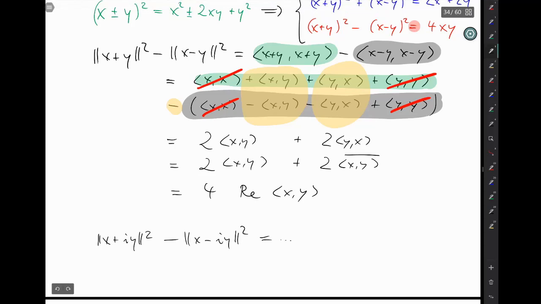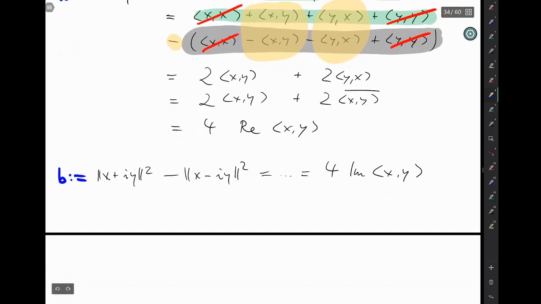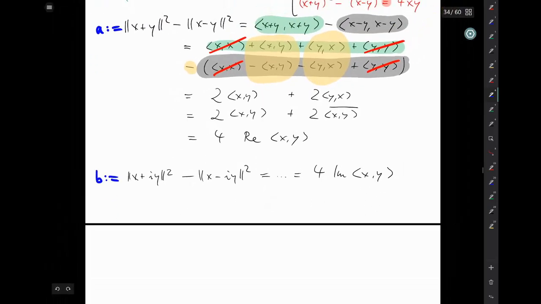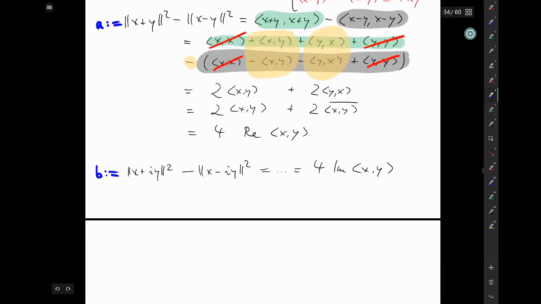And by going through the very same calculations, you end up with 4 times the imaginary part of x comma y. So if we just abbreviate this term here by little a and this term here by little b, then we can summarize as follows.